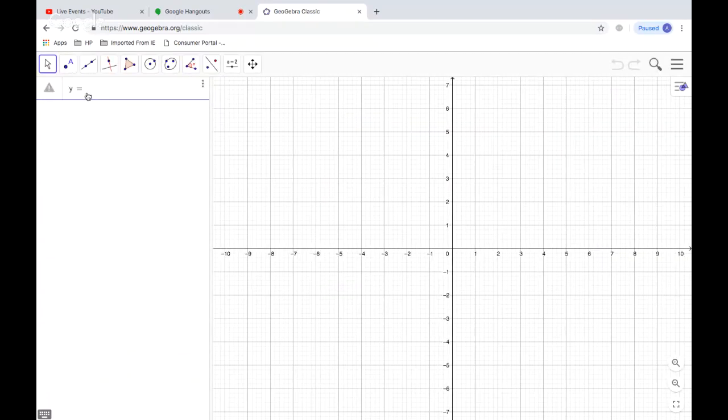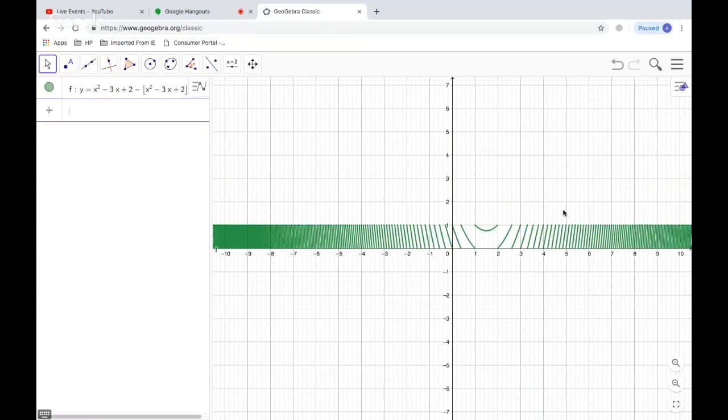Y is equal to x square minus 3x plus 2 minus floor of x square minus 3x plus 2. You see that?